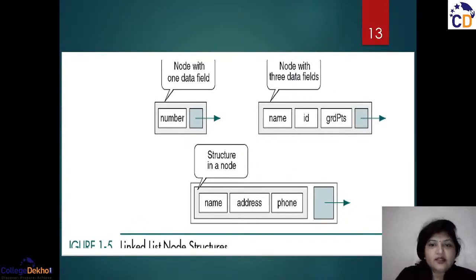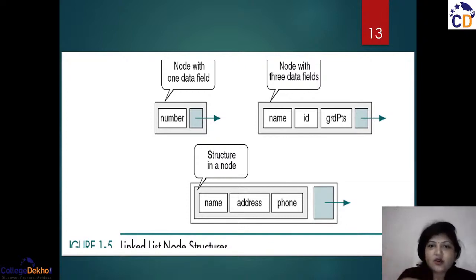Let us see some more examples, some node structures I have taken, which are representing records. A node with one data field has any number and the address of the next element. A node with three data fields has name, ID, grade points, and then the address.